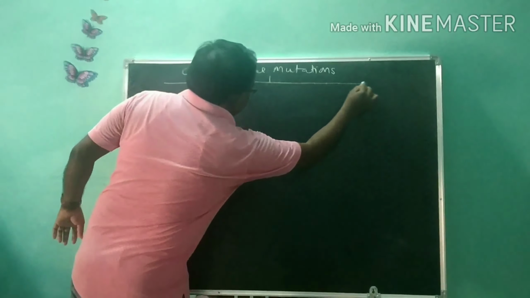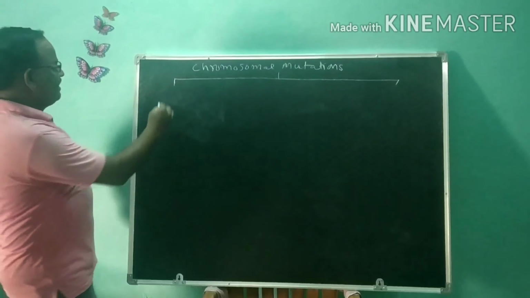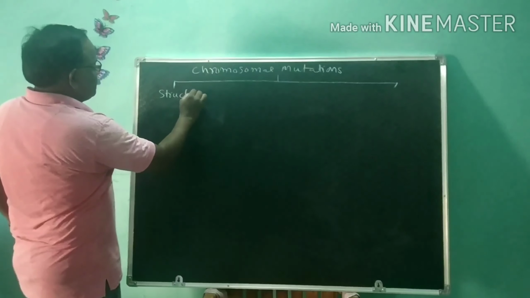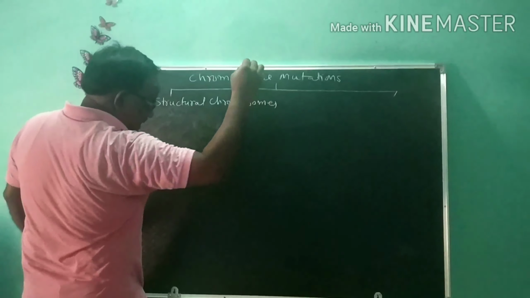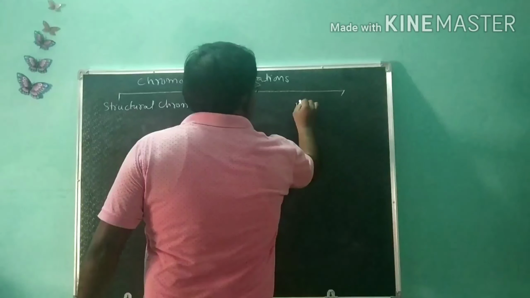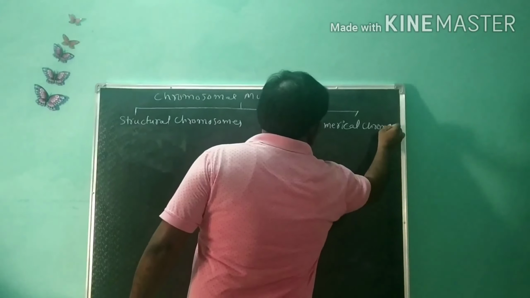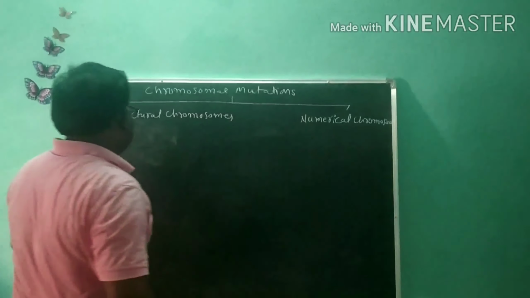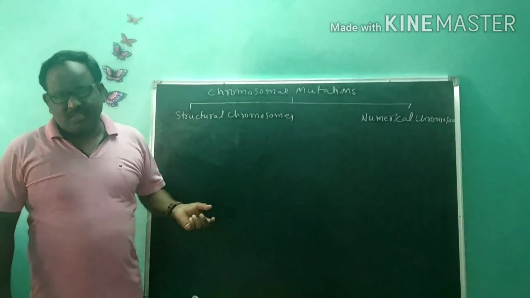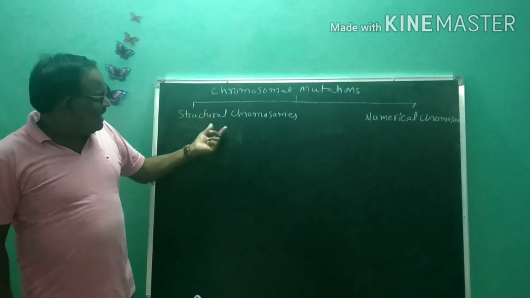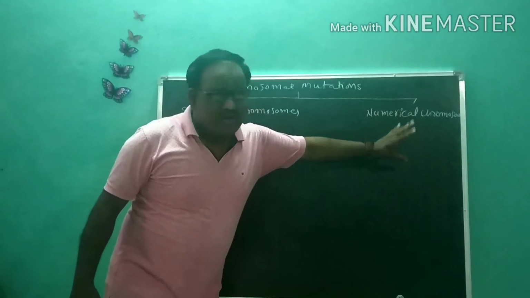Chromosome mutations are of two types: structural and numerical. Structural chromosomal changes are also called structural chromosomal aberrations, and numerical changes are called numerical chromosomal aberrations.